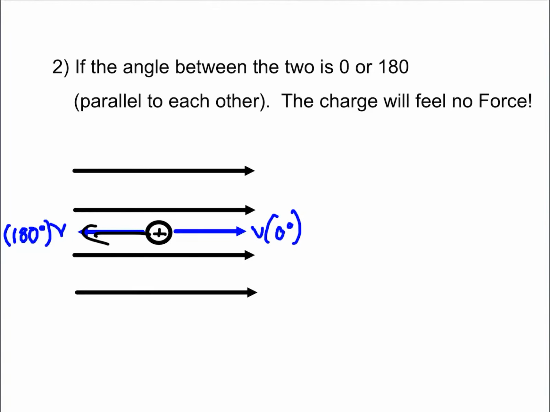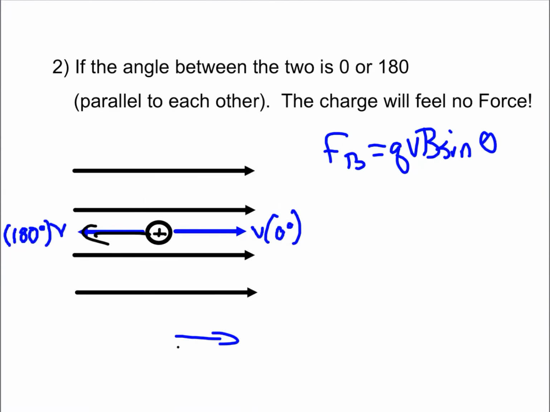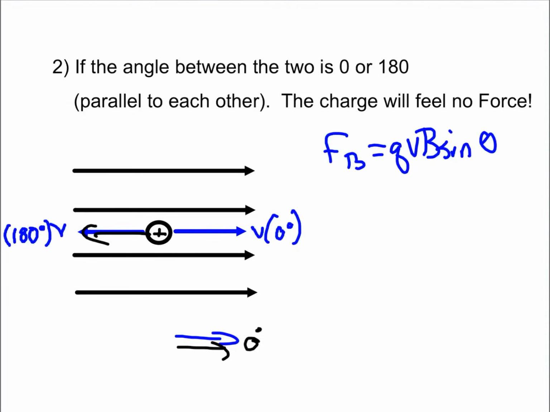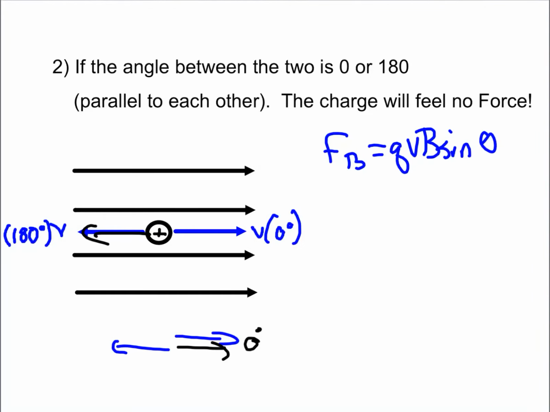But this is a really weird thing that's backed up by the mathematics behind it, which is if a particle is moving parallel to the magnetic field, which means the angle between the velocity and the magnetic field is either 0 degrees, so they're right on top of each other, or they're 180 degrees from each other.